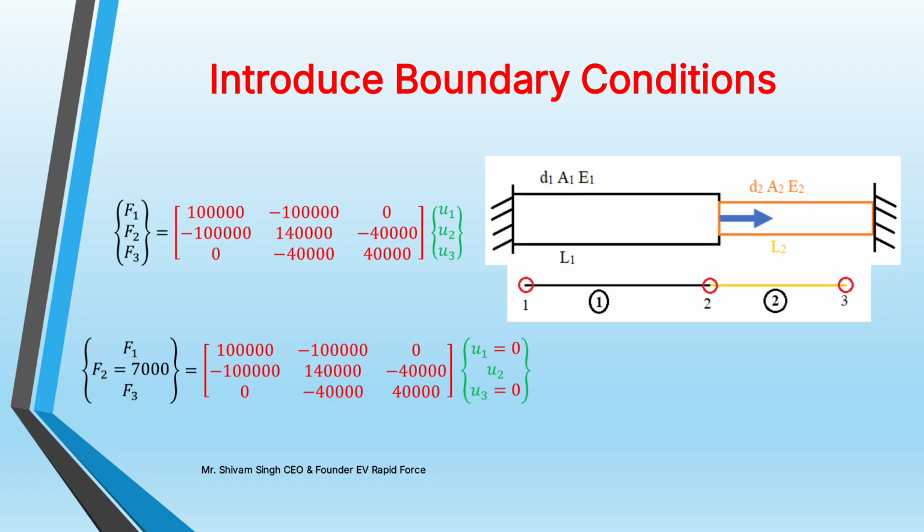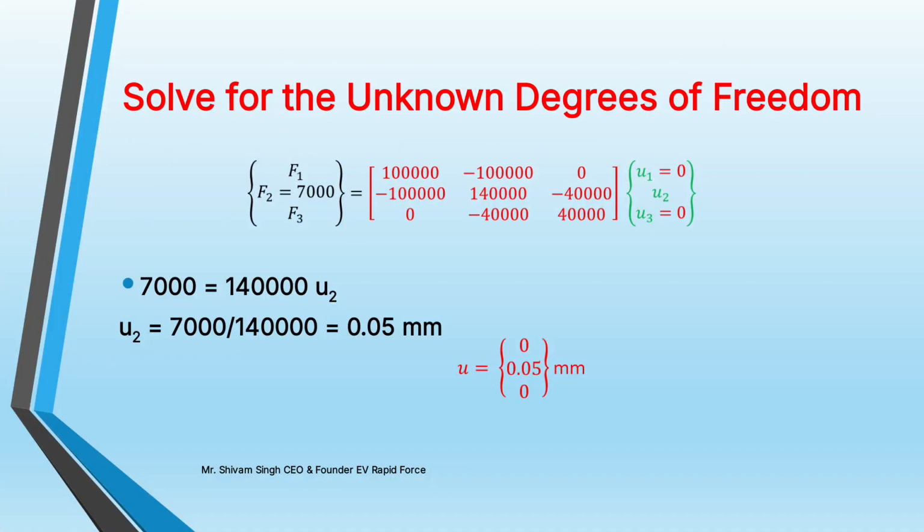Then we have three equations and three unknowns: F1, F3 and u2. Since we have the equations, we can easily find the u2 value; the displacement u2 is 0.05 mm.